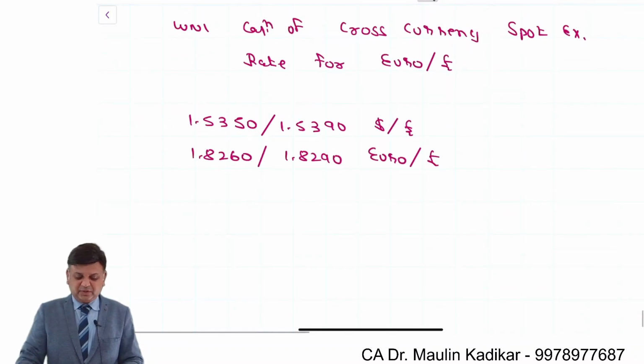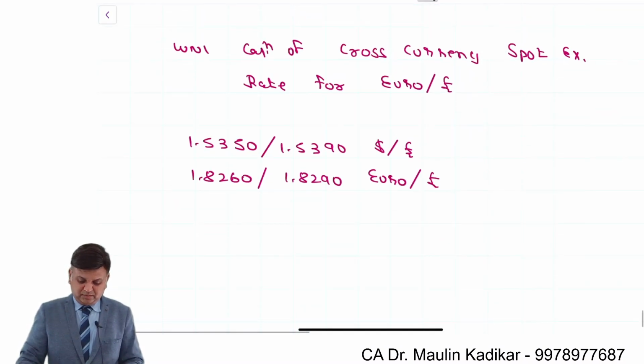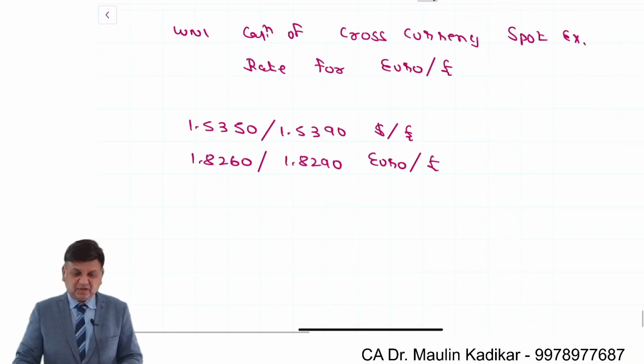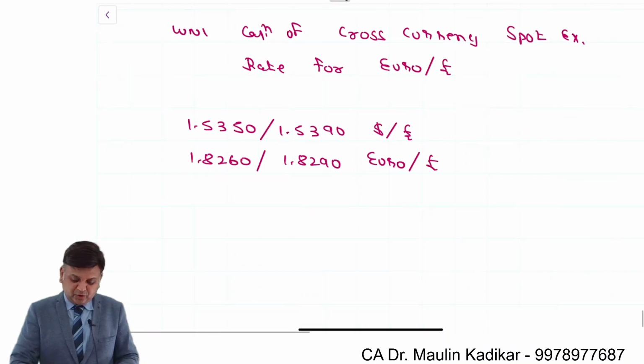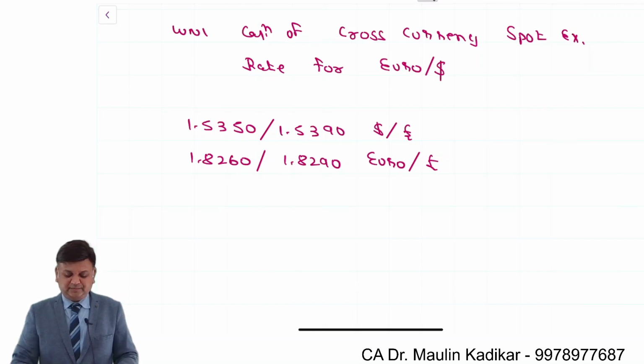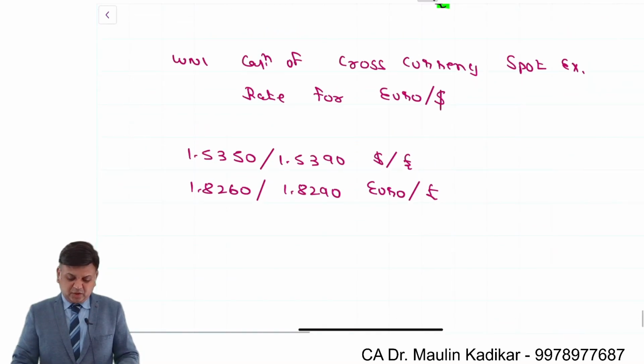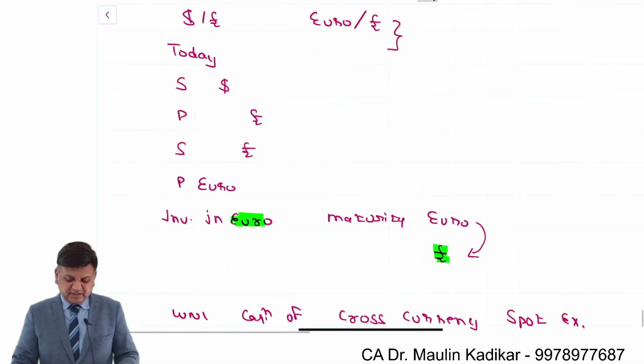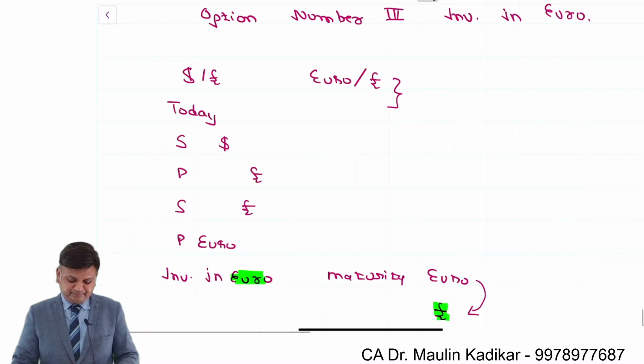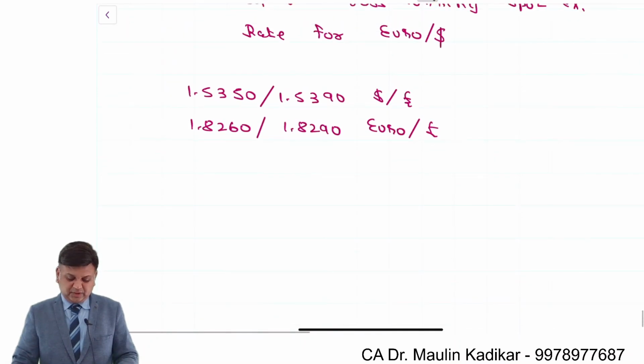Friends, I'm sorry, we are required to compute euro per dollar. Friends, we can compute the euro per dollar or dollar per euro. Either of the exchange rate can be calculated. Okay.